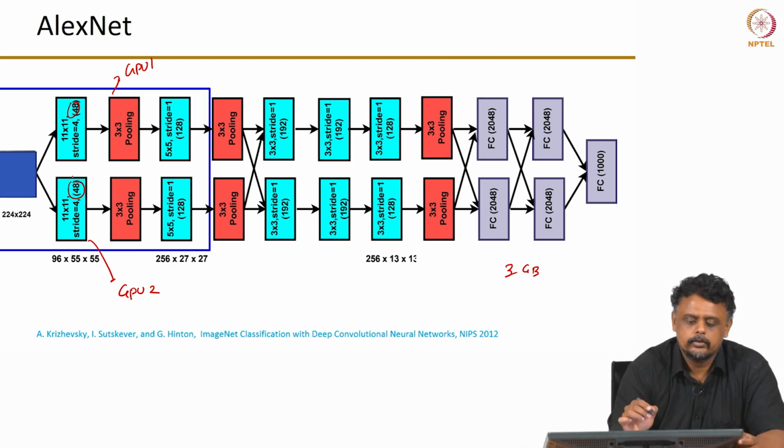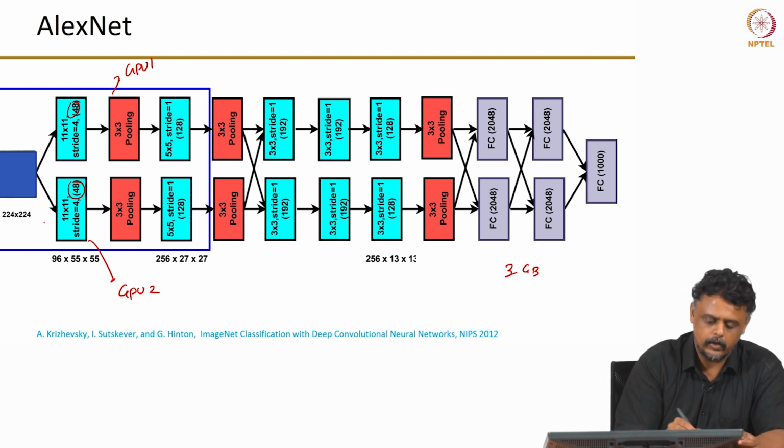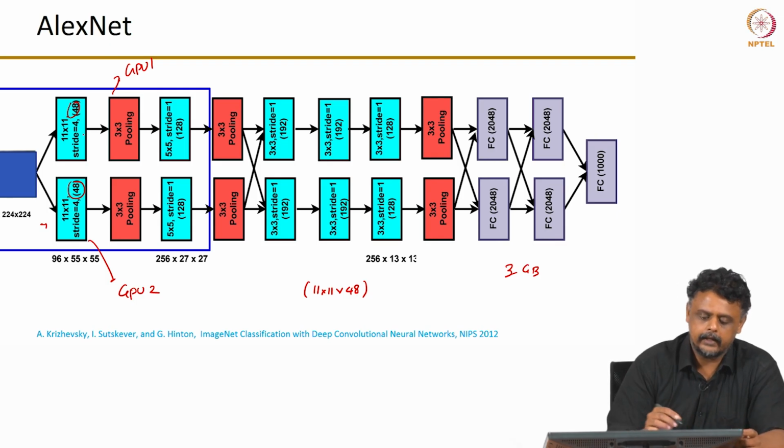Okay. If you look at the number of parameters here, it is very easy to show an illustration of how to calculate the number of parameters. Let us say on just one pathway each filter has 11 cross 11 parameters. We have about 48 of them in one, and there are 2 pathways, in this case GPU 1 and GPU 2.